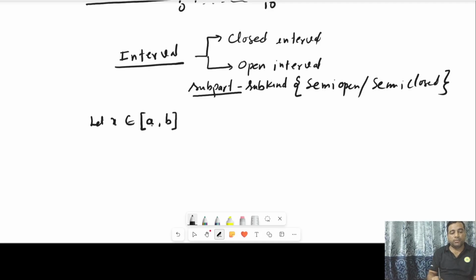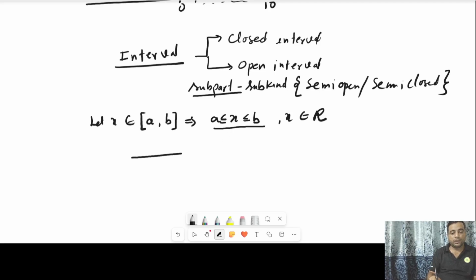So all the real numbers which lie from A to B, it implies all the real numbers greater than or equal to A and less than or equal to B, and x belongs to real. So this is the closed interval, meaning x starts from A and ends at B. The minimum value of x is A and the maximum value of x is B.